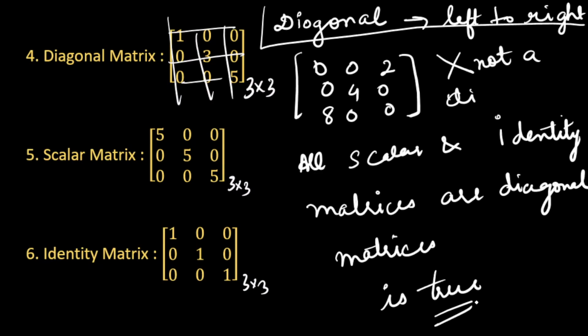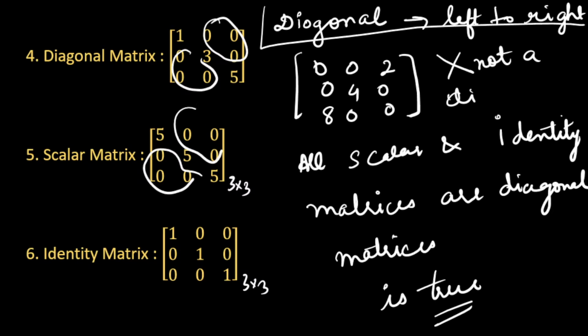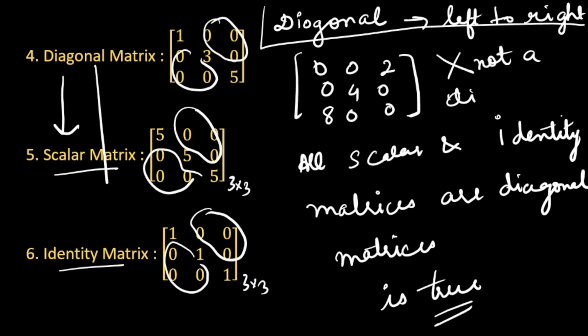It is true because the definition of a diagonal matrix is that only diagonal elements should be there and other elements should be equal to 0. Here also other than diagonal elements, all elements are 0. So scalar matrices and identity matrices are types of diagonal matrix.